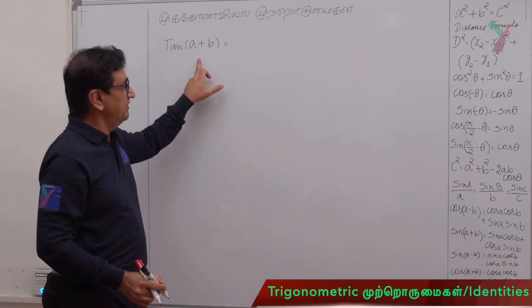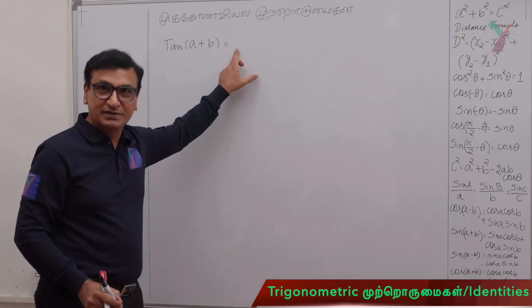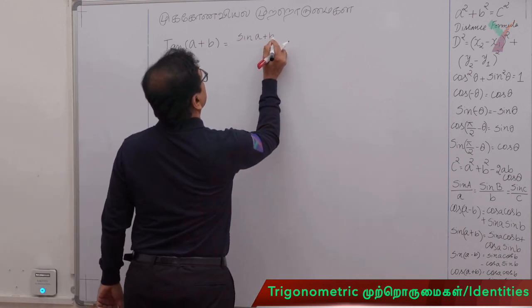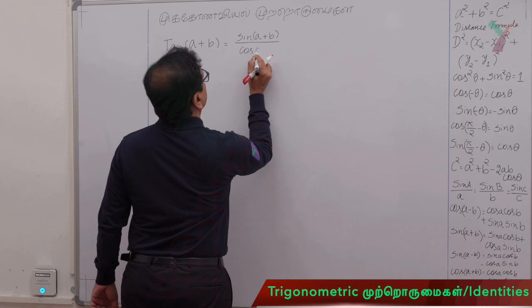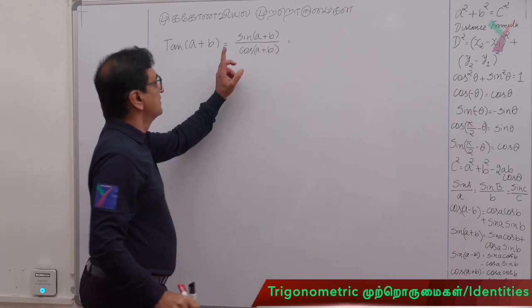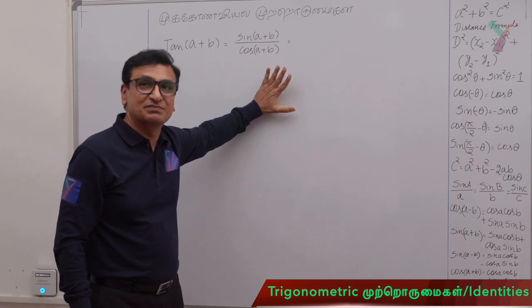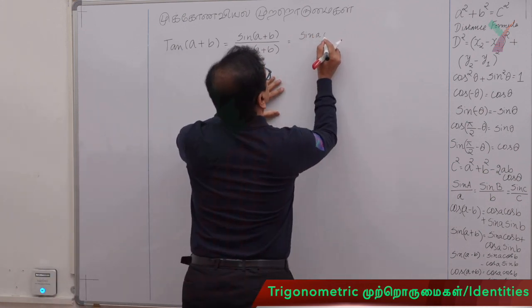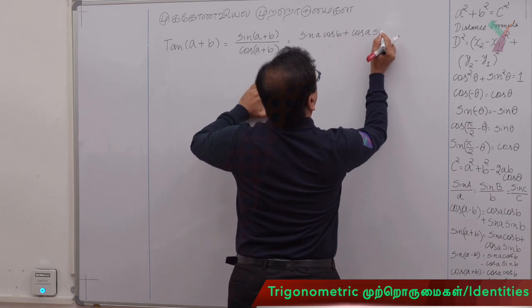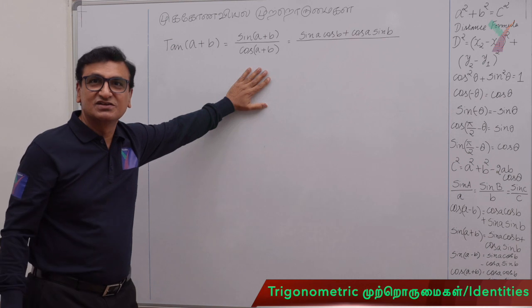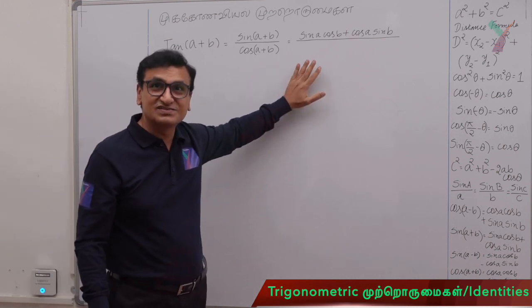Tan a plus b would be sin a plus b divided by cos a plus b. Sin a plus b is sin a cos b plus cos a sin b. Whole thing divided by cos a plus b is cos a cos b minus sin a sin b.